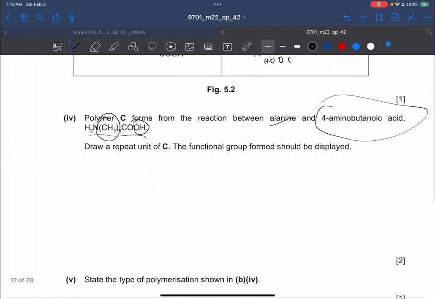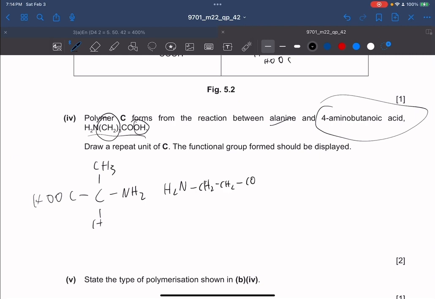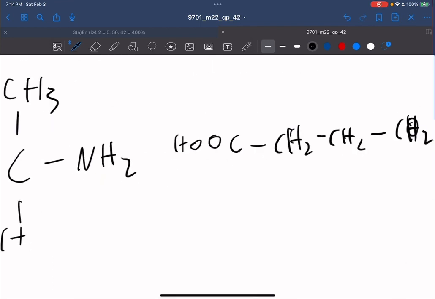Here's what I mean. You're going to have alanine, which is CCH3, and then you have NH2 here, and you have COOH here, and then you have H, and then you have H2N, CH2, CH2, COOH. Oh, sorry, other way around actually. COOH, CH2, and then NH2. So what's going to react is between these two. Sorry, it's going to be that, and you're going to give off water.